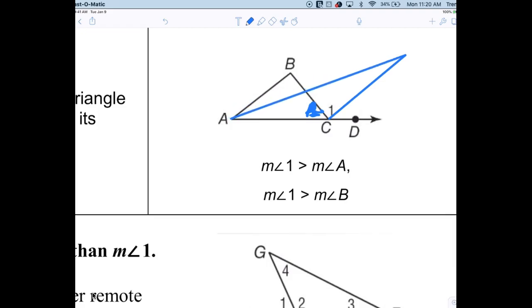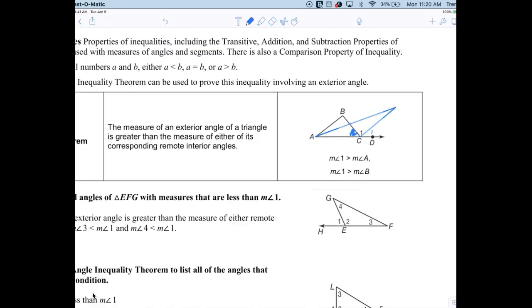And now that exterior angle is not greater than its adjacent angle. Everybody agree with that? All right. So the only thing we know for sure is that the exterior angle is greater than the remote interior angles.